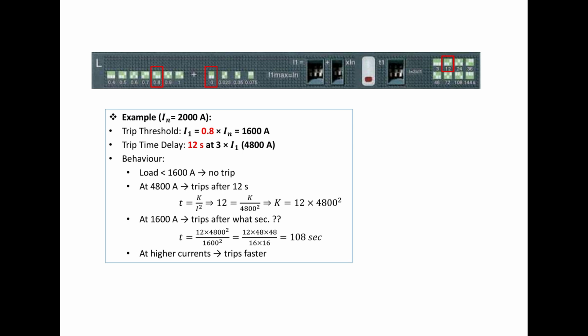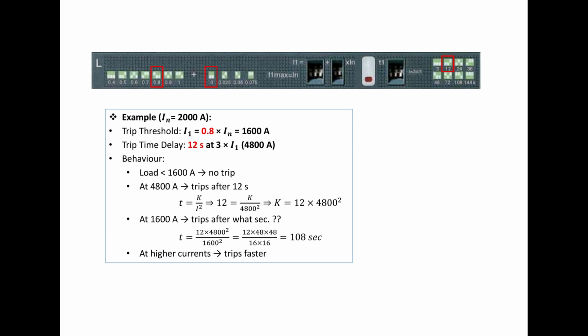Here's an example with a rated current In of 2000 ampere. If the trip threshold I1 is set to 0.8 times of In, which is 1600 ampere, and the trip time delay is 12 seconds at 3 times of I1, that is 4800 ampere.